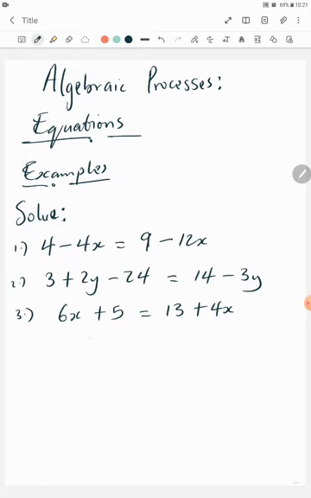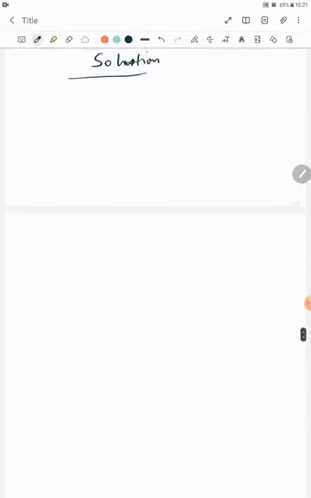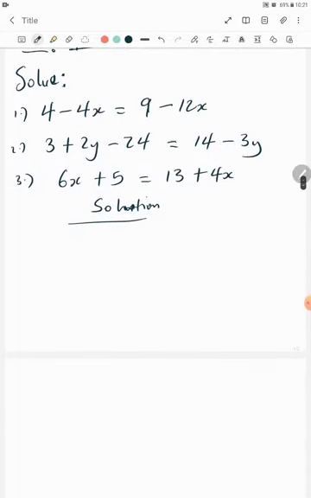In mathematics, let's first lay some foundation. If we are talking about equations, the word equation comes from the word equal.